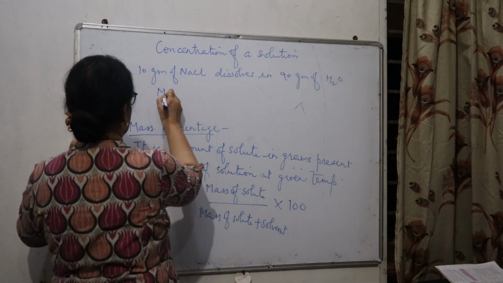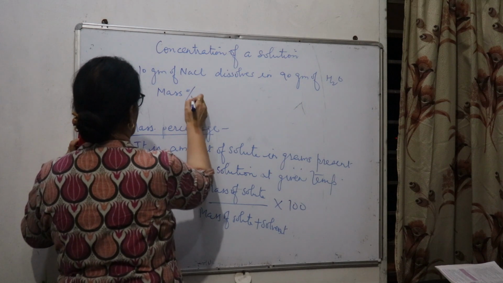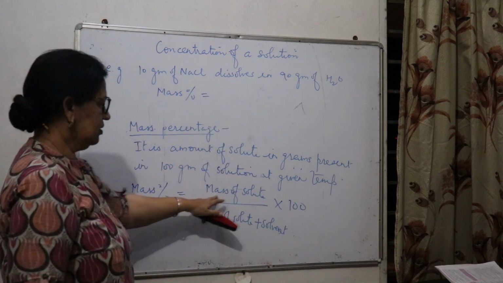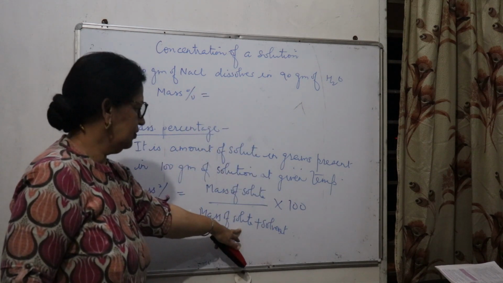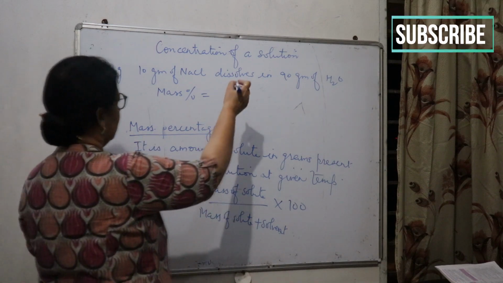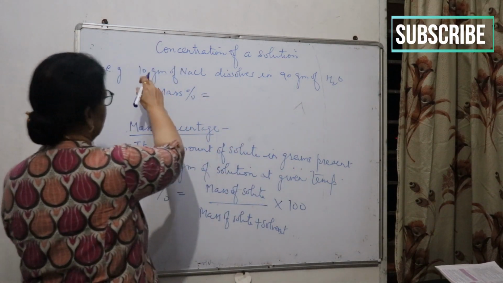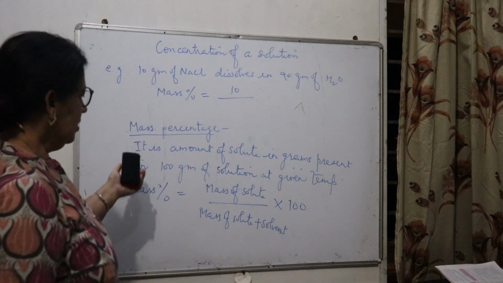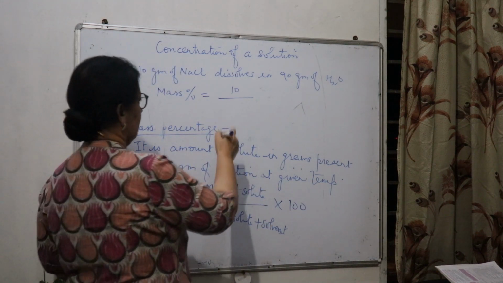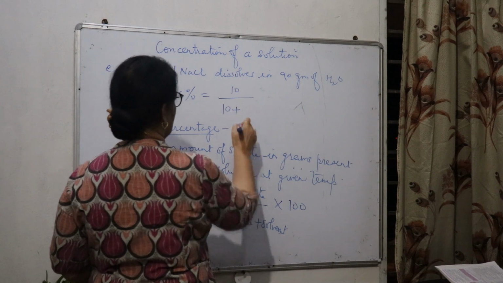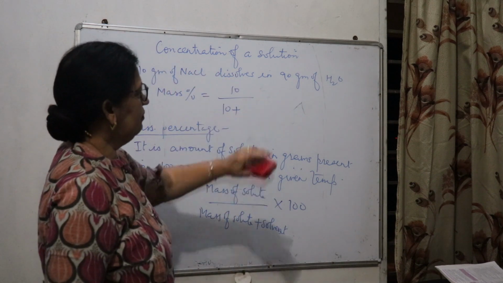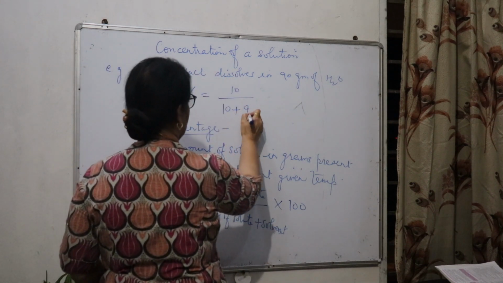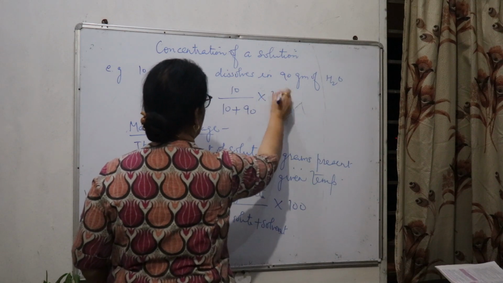Mass percentage is equal to mass of solute upon mass of solute plus solvent into 100. What is the mass of solute? That is 10 grams, and mass of solute plus solvent, solute is 10 grams plus mass of solvent, that is 90 grams, into 100.